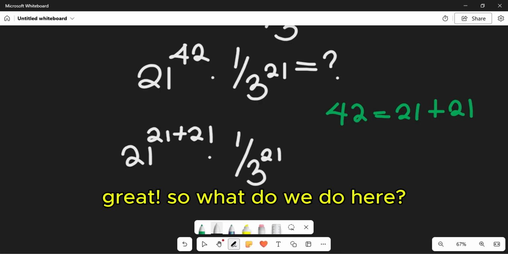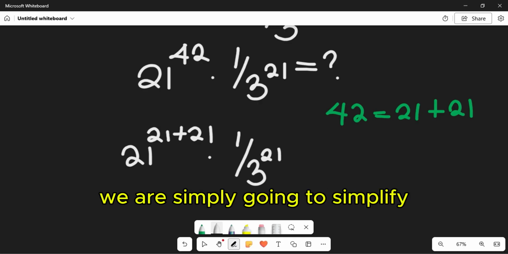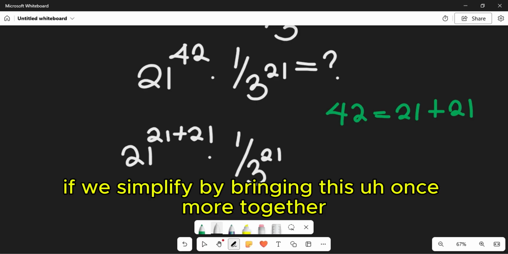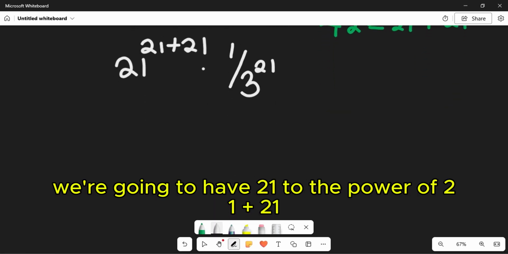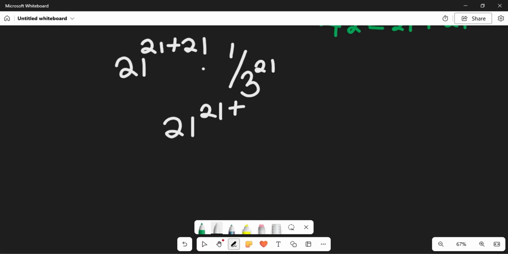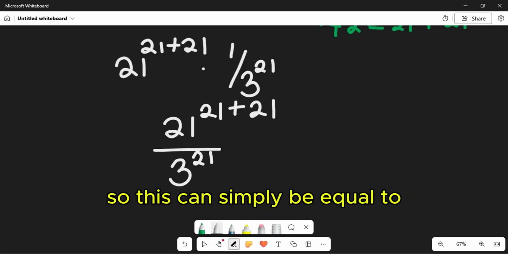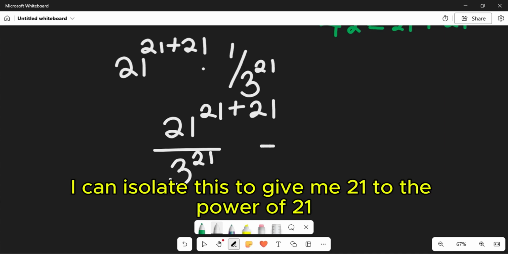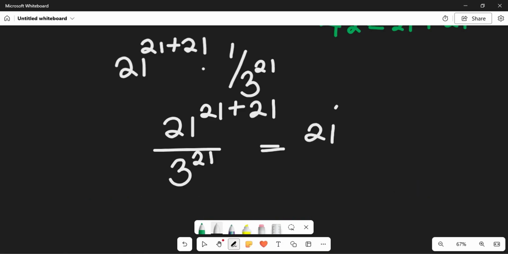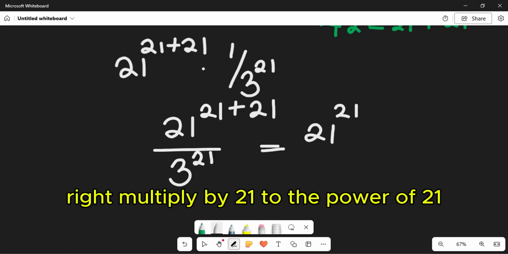Great. So what do we do here? We are simply going to simplify. If we bring this together once more, we're going to have 21 to the power of 21 plus 21, divided by 3 to the power of 21. So I can isolate this to give me 21 to the power of 21 multiplied by 21 to the power of 21.